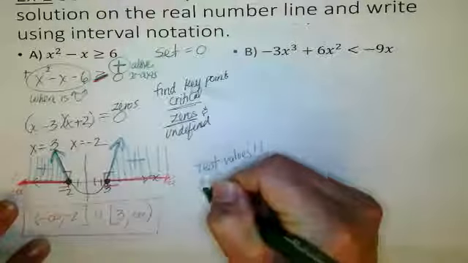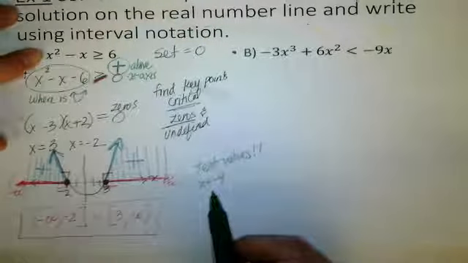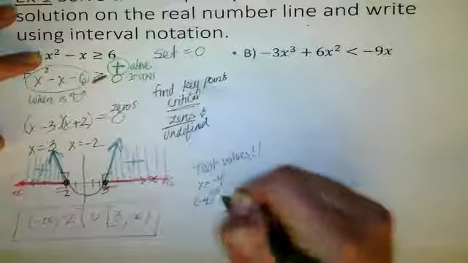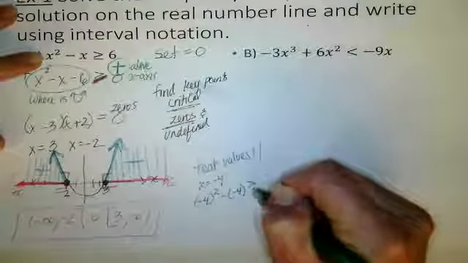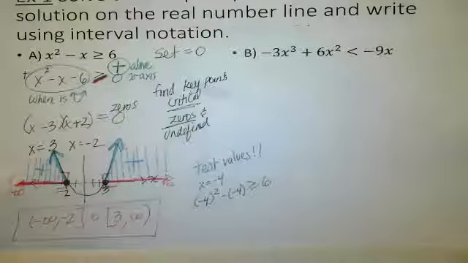Okay. So if x equals negative 4, I'm going to go to my original and test it. Negative 4 quantity squared minus negative 4 should be greater than or equal to 6. This is a true-false question. If it's true, we did it right. If it's false, we did it wrong.